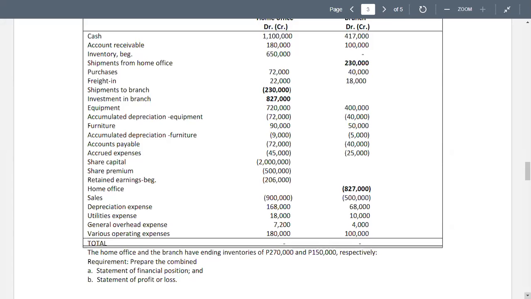Then we go to liabilities and equity. Liabilities are accounts payable and accrued expenses. So your total liabilities is 182,000. And your shareholders' equity: share capital, 2 million, and share premium, 500,000. And retained earnings is 669,000.